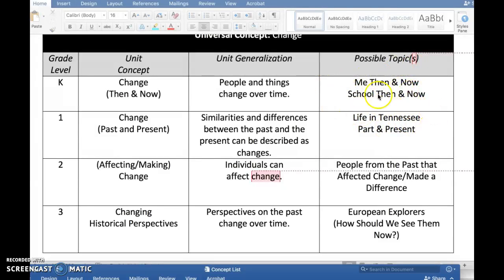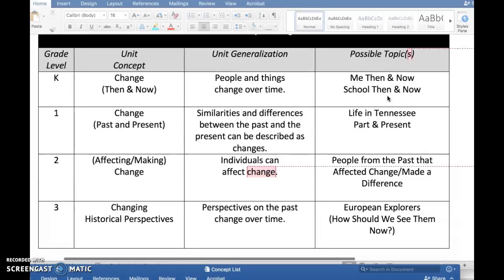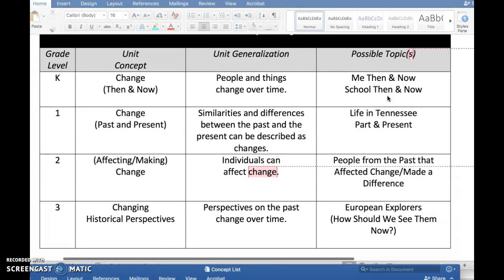In the kinder, I made some of this up a little bit, looking at our school then and now, if we wanted to use that as a topic or a vehicle through which we see that people and things change over time, and looking at the way school used to be and the way it is now. But there are other topics that could work here, depending on the texts that are identified.